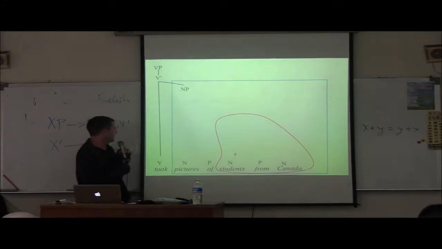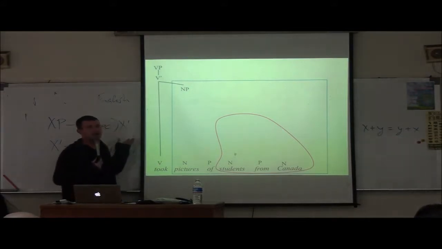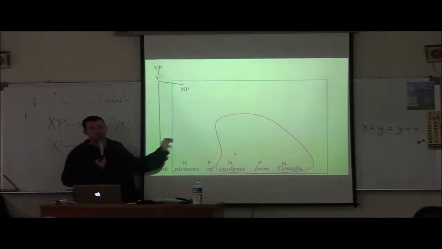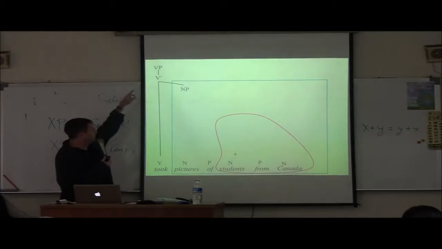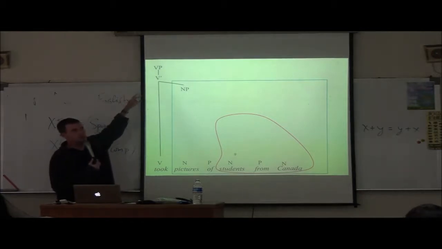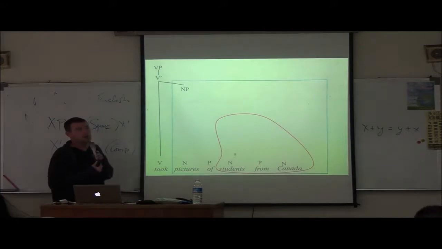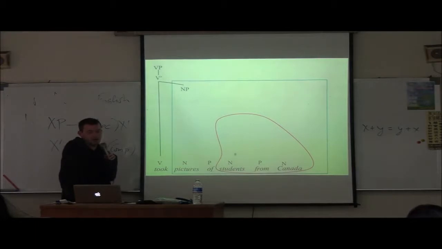So this VP doesn't have any adjuncts. This stuff here might have some adjuncts, right? But this phrase is a verb followed by a complement, and that's it. So we don't need any more than one V bar. Pictures of students from Canada is an NP.